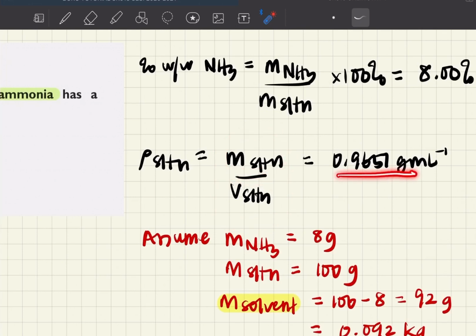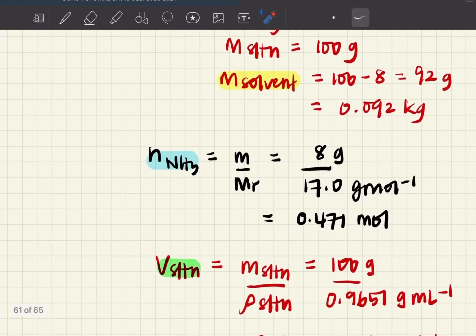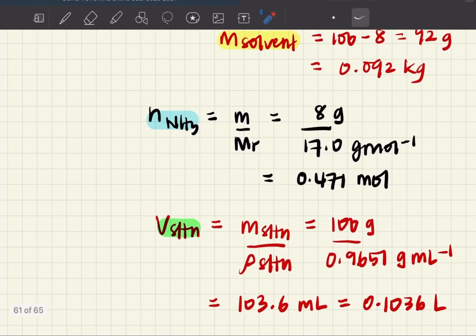Since we already have this value, what we need to do is just rearrange the formula to find the volume of solution. Okay, so we rearrange that formula and we already have the mass of solution that we assumed just now. So now we can find the volume of solution.